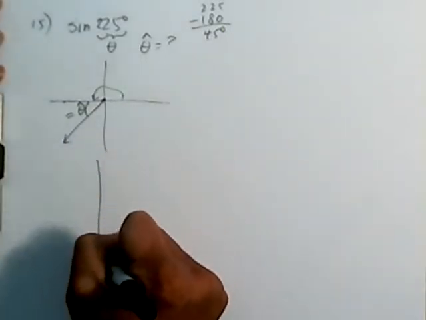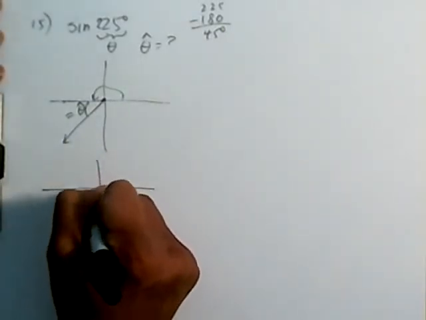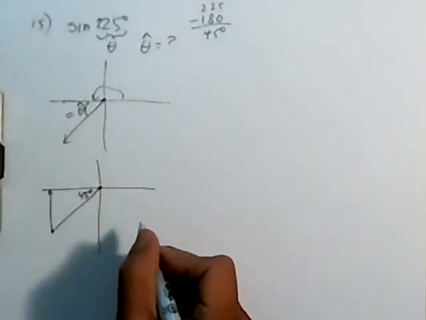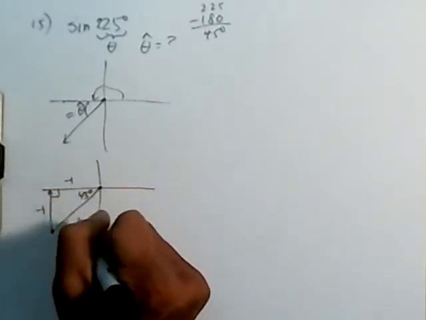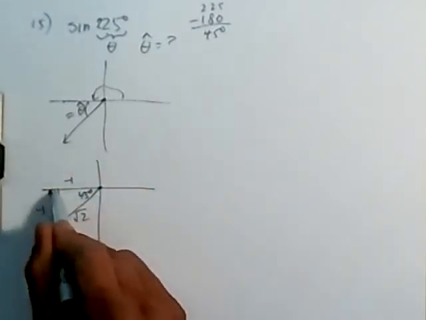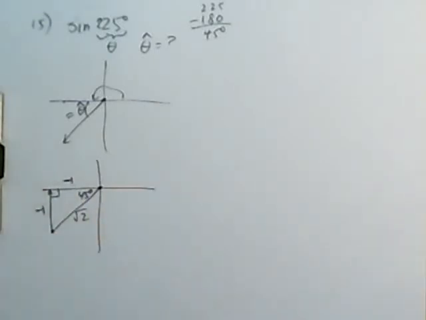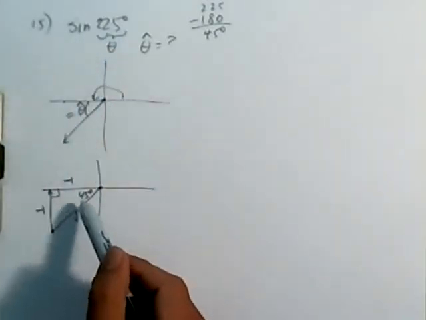So let's draw out the triangle. That's 45 degrees, that's your reference angle. You draw it up to the x-axis, and it's a 45, 45, 90. This is -1, this is -1, this is root 2. 1, 1, root 2. Don't forget to put your negatives on these. Once you get your negatives, you can actually just figure out what the sine of that angle is.